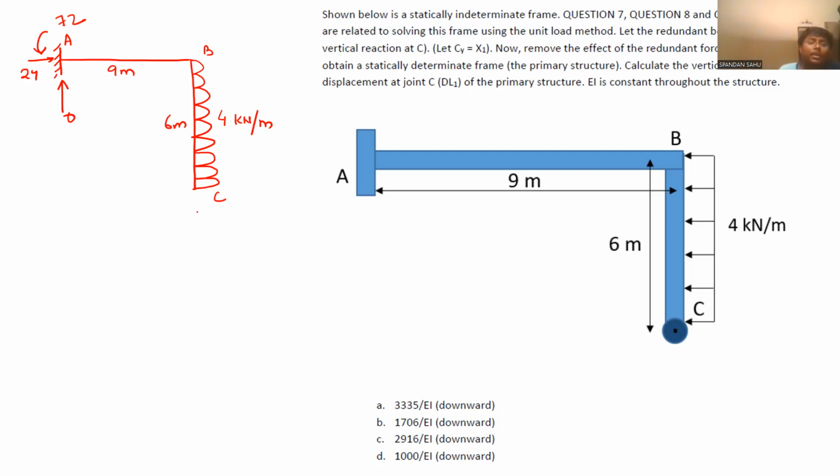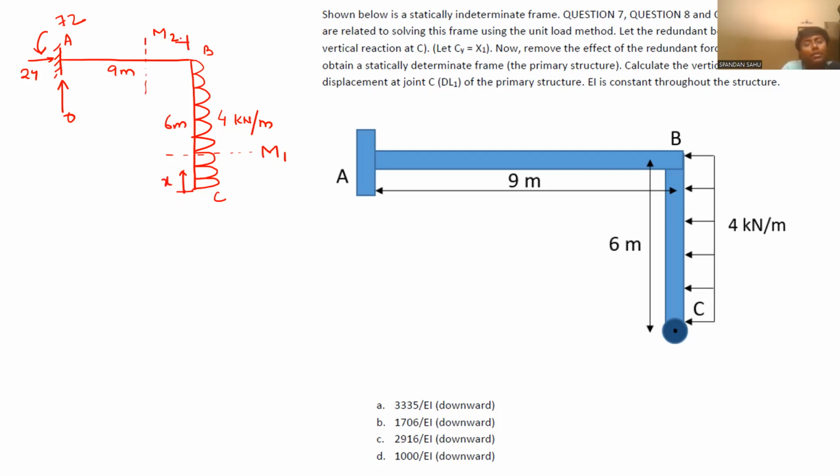Now you cut a section here and write M1, then cut a section here and write M2, taking x from this side.